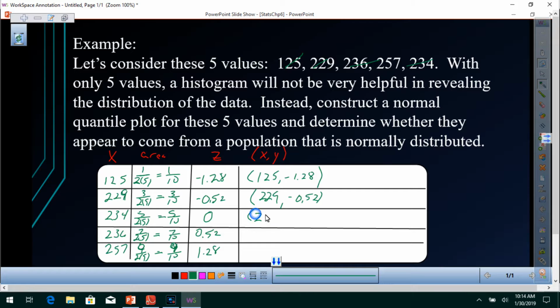We're going to have 234, and that's going to be 0. 236, and that's going to be 0.52. And the last one's going to be 257 and 1.28. All right, good.